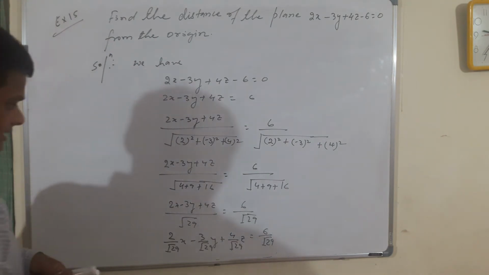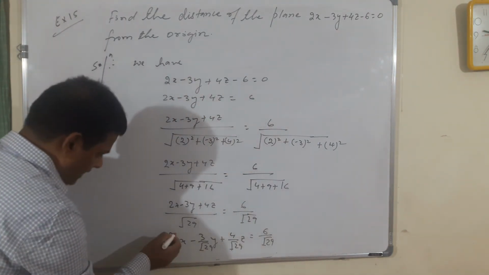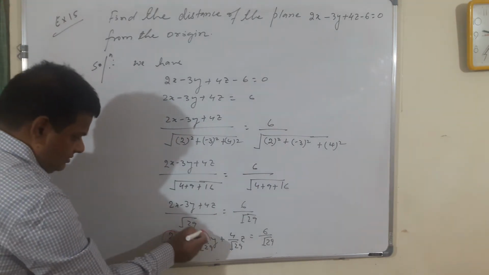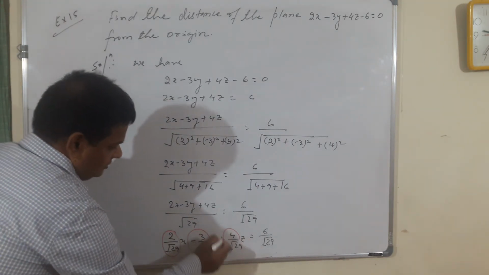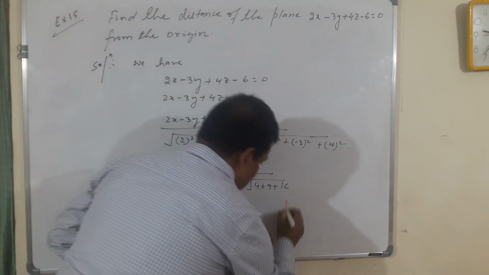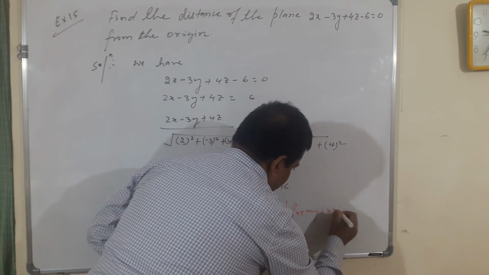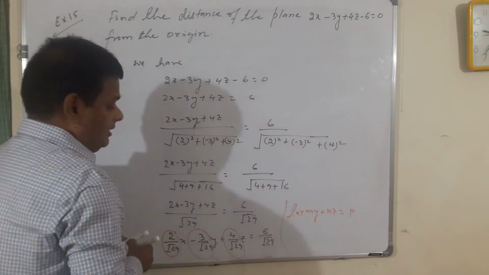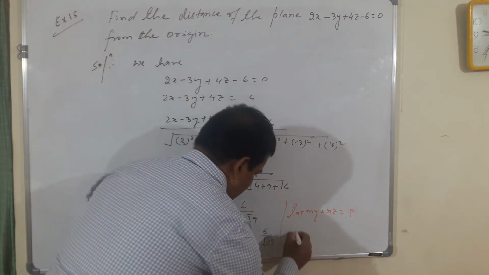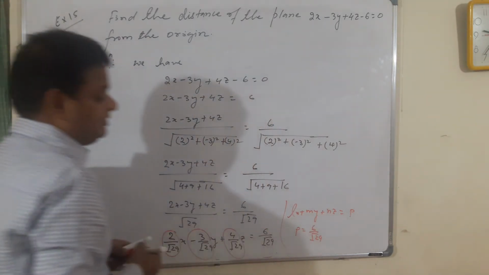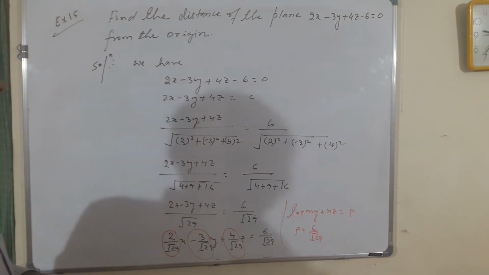You know that this is your direction cosine L, this is M and this is N. We know that Lx plus My plus Nz is equal to P, where P is equal to 6 by root 29, and P represents the distance from the origin.